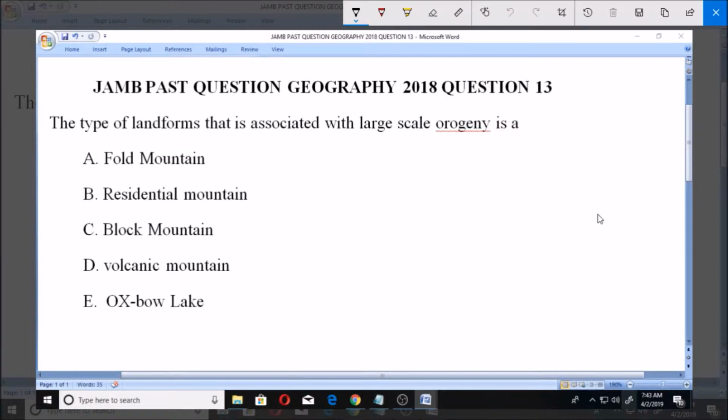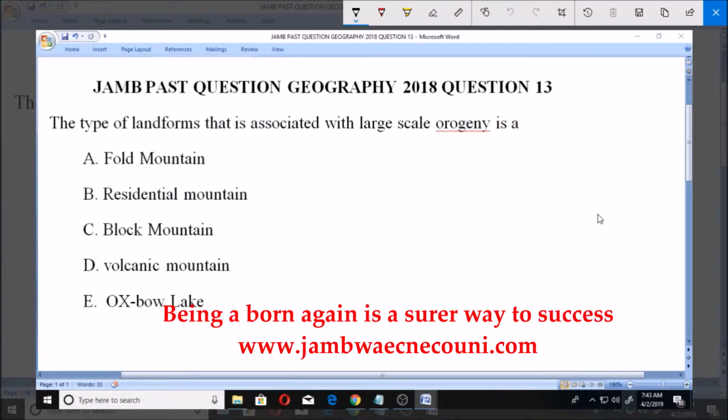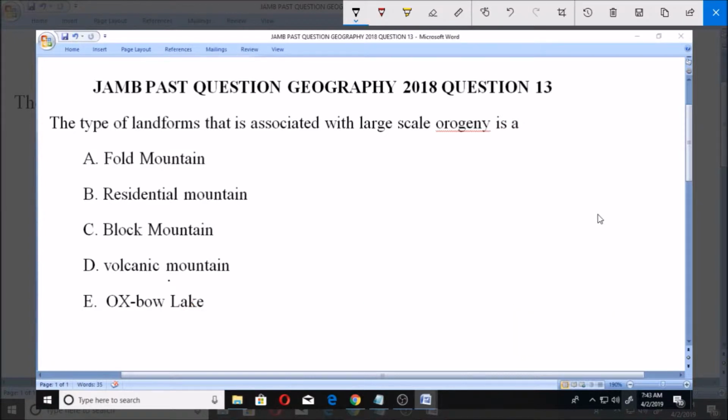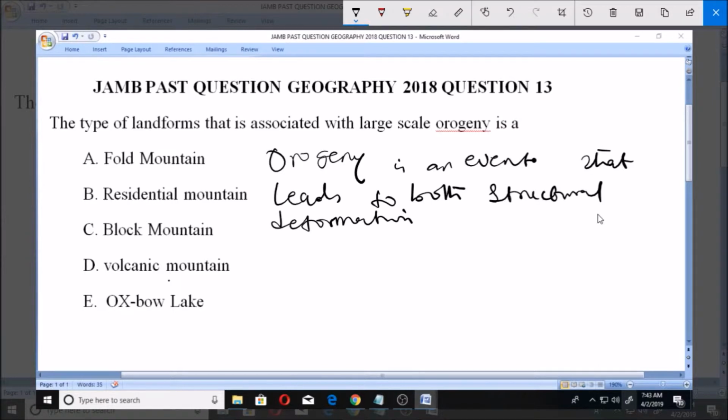Now, for us to be able to put this in context and be able to locate the right option as the answer, we need to understand what orogeny is. The term orogeny is an event that leads to both structural deformation and compositional differentiation.